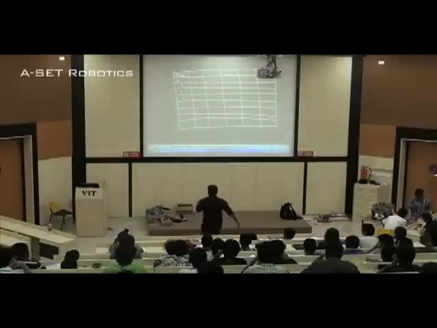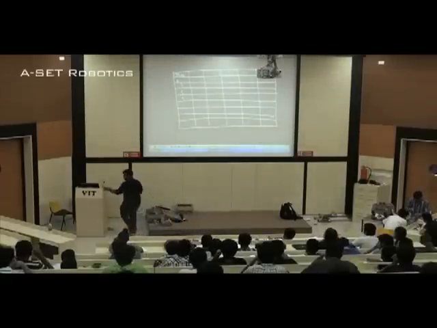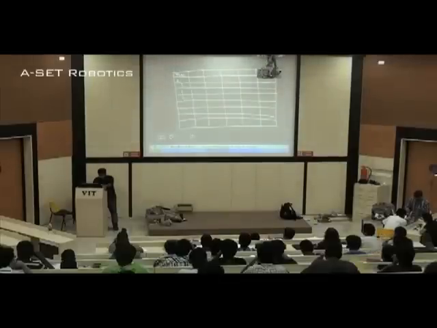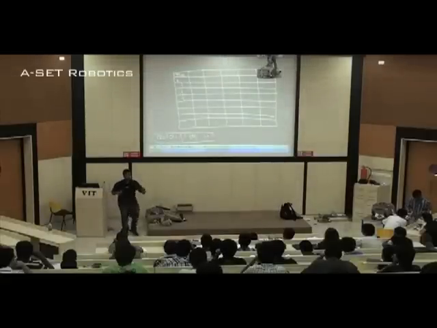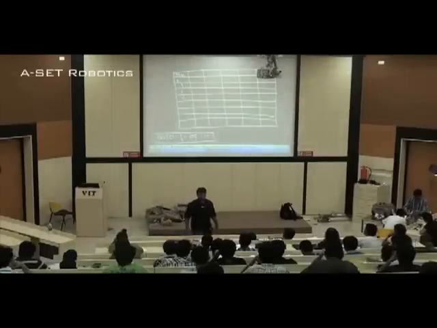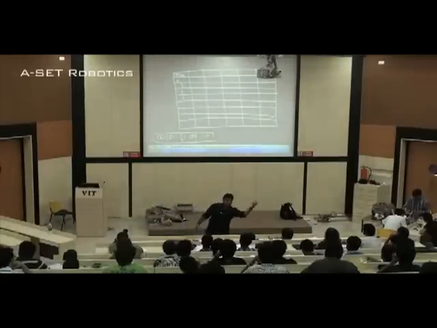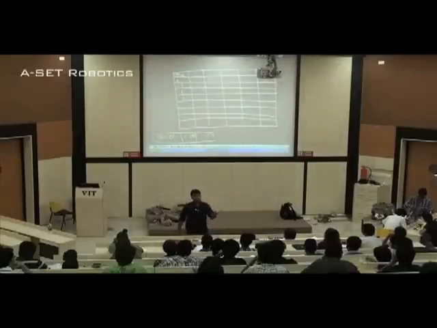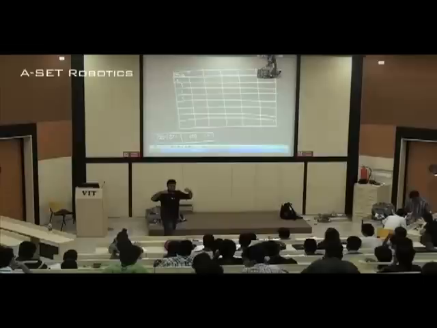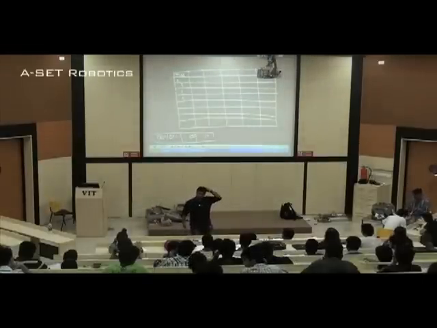Which memory locations can it handle? 0 0, 0 1, 1 0, 1 1. How many locations are there? 4 locations. If we have 3 address lines, how many locations can it handle? 8, 2 raised to power 3. And if we are having 4, it will increase by the number of address lines that you have.